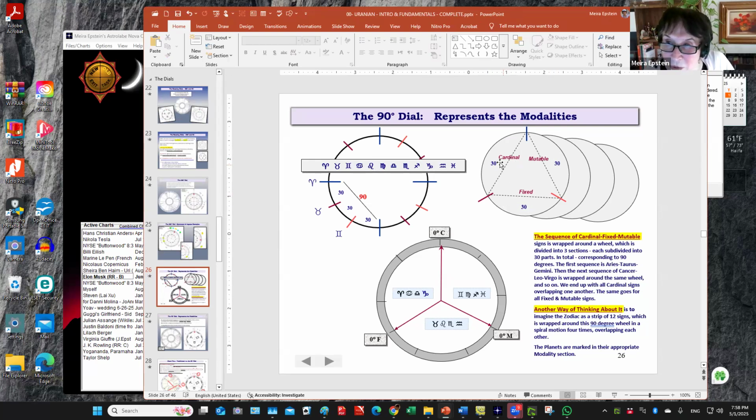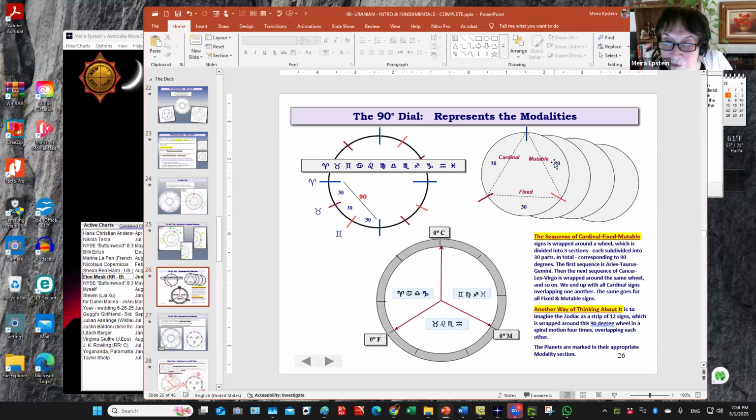The circle is 30, 30, 30. Total of 90 sections. So if you start with Aries, Aries will fall here, Taurus will fall here, and Gemini will fall here. Agreed? That's it. 3 signs. We wrapped it around. Aries is cardinal, Taurus is fixed, and Gemini is mutable.